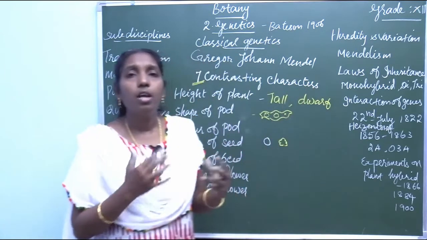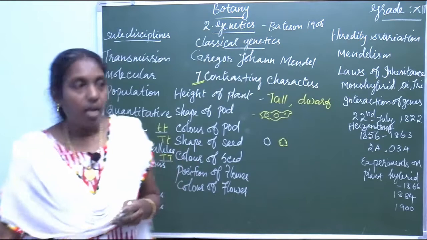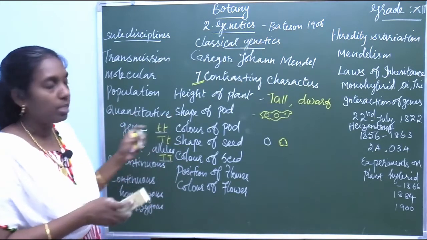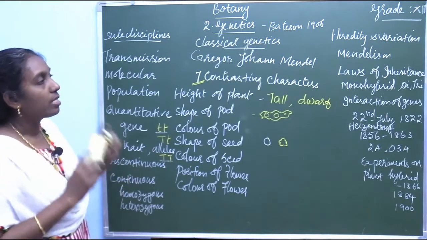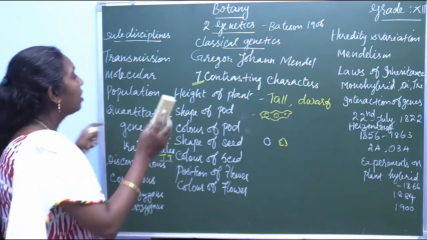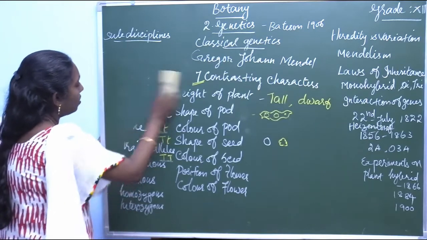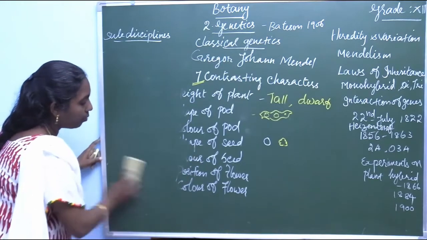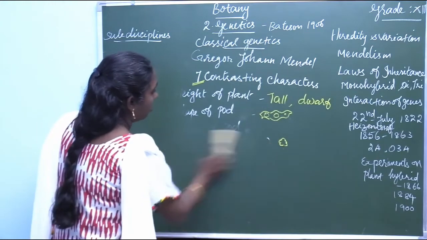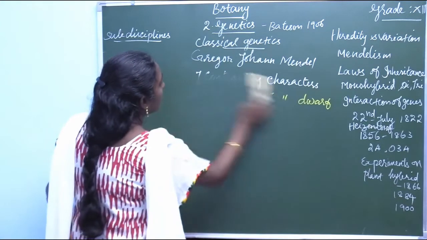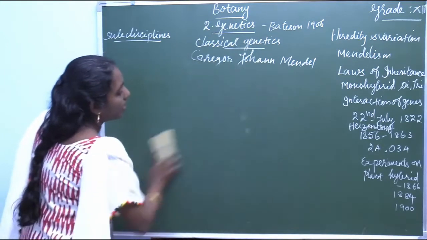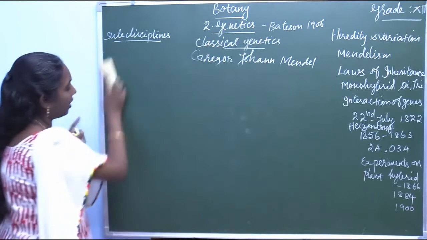Then the laws of inheritance. When Mendel experimented with hybridization in this plant, as a result he gave certain laws. There are a number of laws. You are going to learn under monohybrid cross. There are two different laws, that is the law of dominance and the law of segregation.